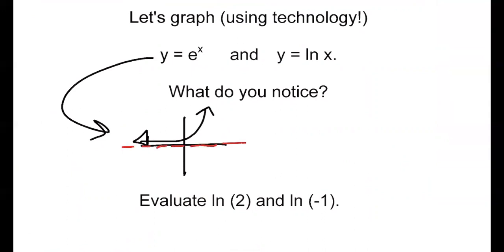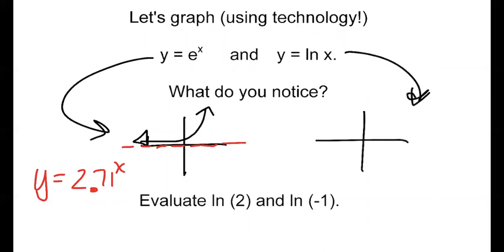It's a growth function, right? E is the same thing as y equals 2.71 to the x. It's a bigger base, so it is a growth function. Okay, if you graph ln of x, that's down here, you're still going to have an asymptote. It's going to be like this.